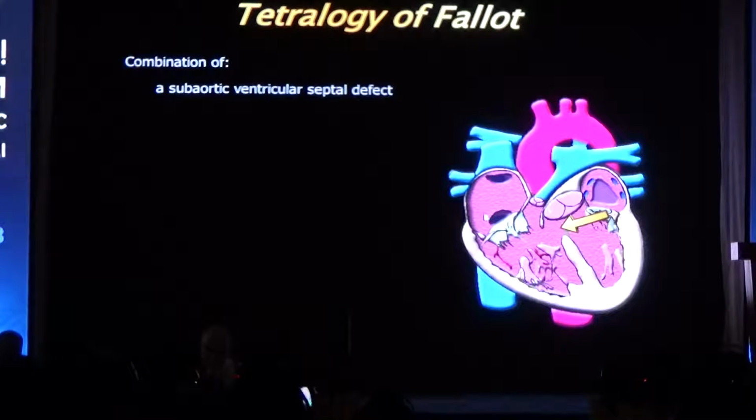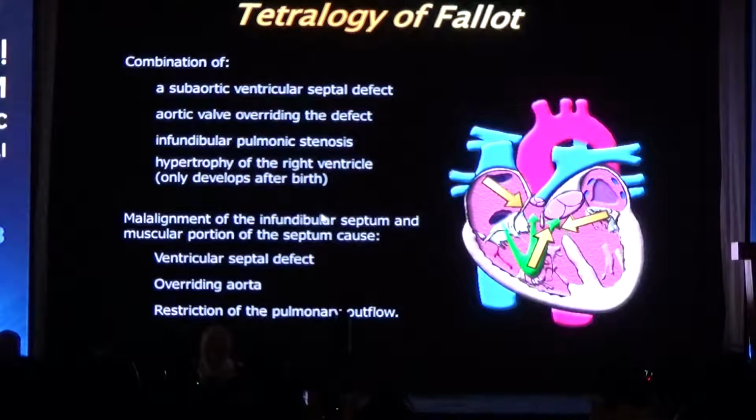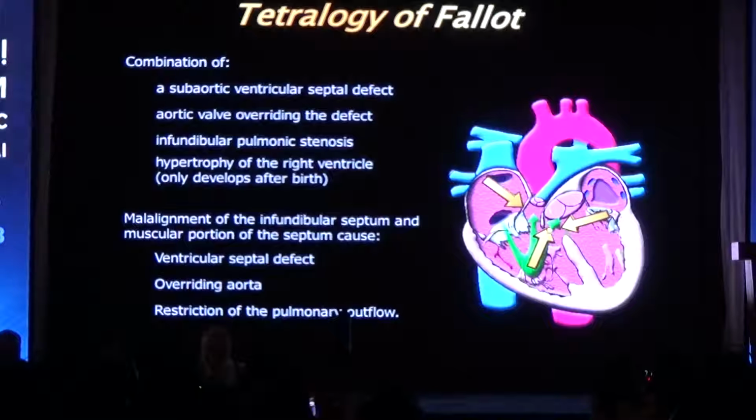Now, if you compare to the normal heart, in tetralogy of Fallot, you have one single problem, which is the malalignment of the infundibular septum and the muscular portion. So these two segments here did not align properly, and this caused three problems. First, there's a gap in between, so you have a ventricular septal defect.